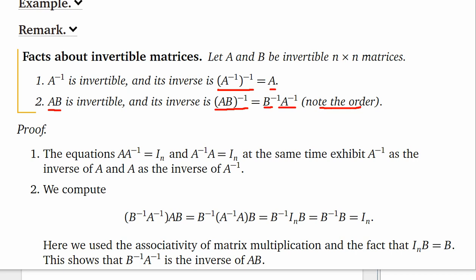This is also true of transposes. When I take the transpose of a product of matrices, it's also in the reverse order. But so the inverse of A times B is B inverse times A inverse. And again, remember that matrix multiplication is not necessarily commutative, so this order is going to be very important.